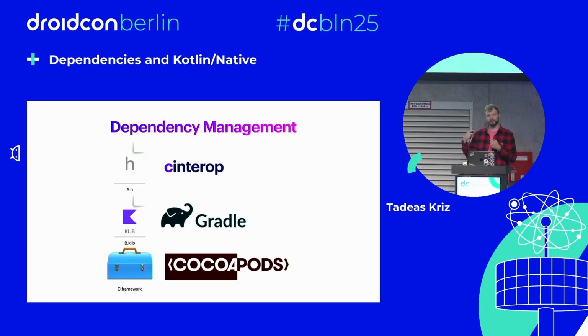Then we can depend on other Kotlin Multiplatform or Kotlin Native libraries, which are .klib, and those we get from Gradle, from Maven Central, or from other projects and modules in our project, and so on. And then we can use CocoaPods. I would tell you shouldn't, but you do you. You can use CocoaPods to say, oh, I have this iOS framework C, please get it for me and get it ready for me.